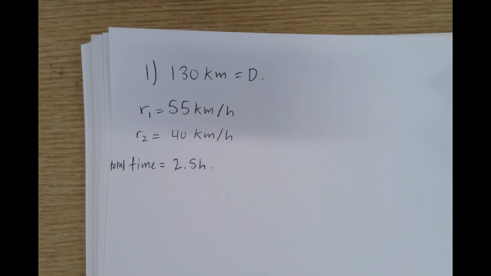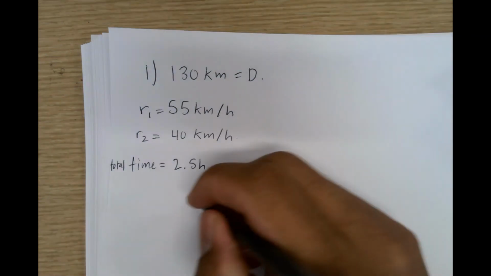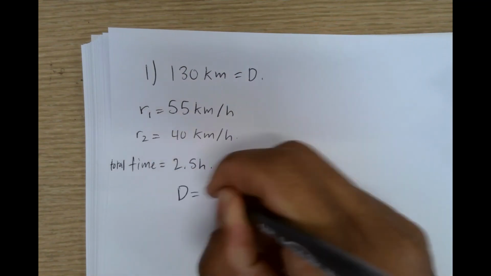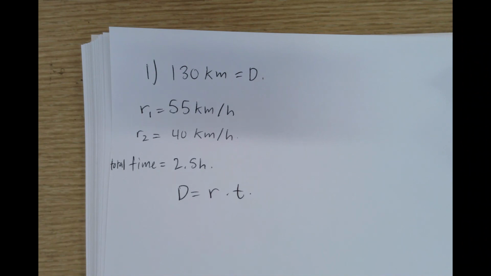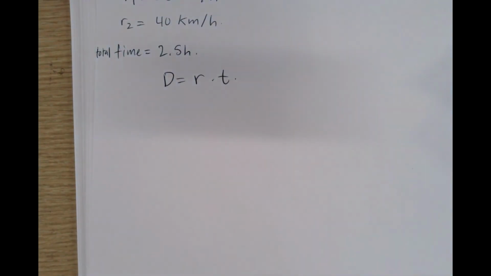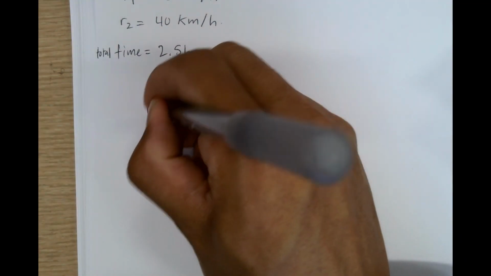Okay, so for this one, it's a lot easier because we're given almost everything. We know distance is equal to rate times time. The total distance is 130 kilometers.